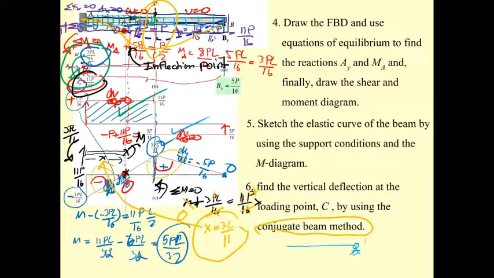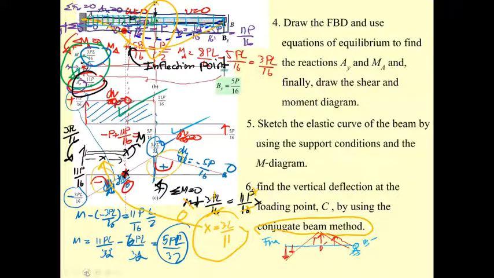This is going to be B prime, and fixed changes to free. And then your elastic loading is going to change. That is going to be upward, that is going to be downward. So this is going to be your conjugate beam, and then what you determine is D prime, right?